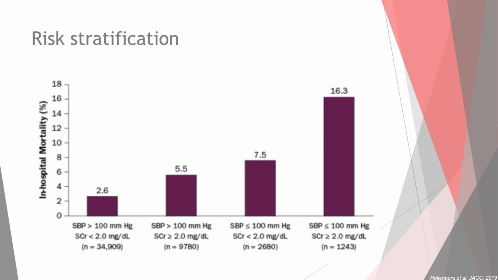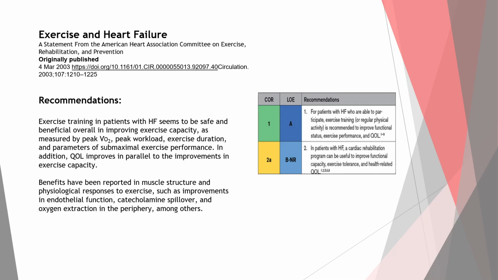This is in-hospital mortality in patients with normal or low blood pressure and normal versus elevated serum creatinine or worsening kidney function, if you want to look at it that way. We talked about exercise, but this is the recommendation for exercise-based training in patients with heart failure.